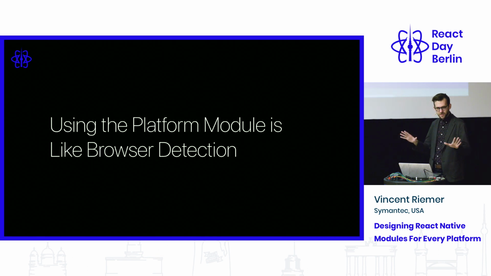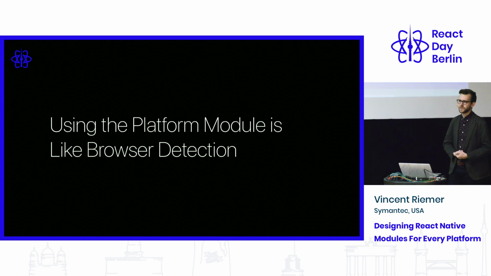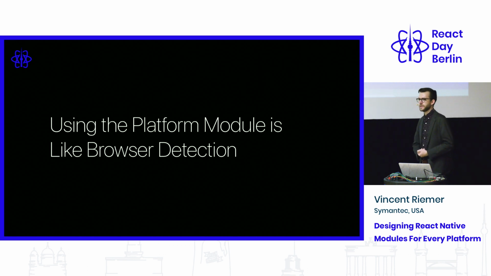And this is maybe a little controversial, but I actually think of using platform modules and checking, oh, is the current platform iOS or is it Android, and doing specific stuff like that, I sort of compare it to checking the user agent in the browser. It's not exactly the same.